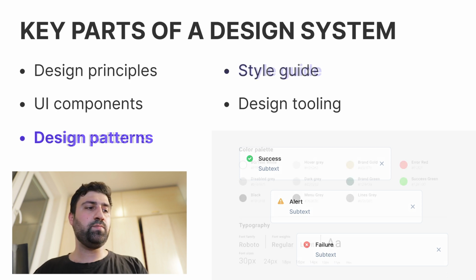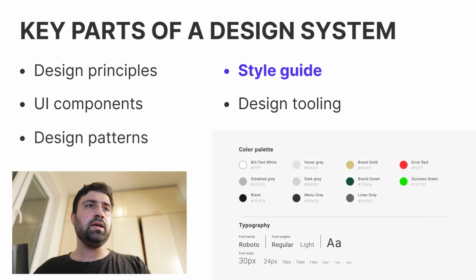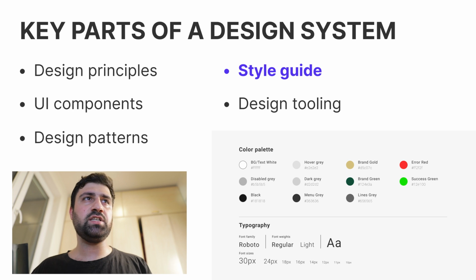The next one would be the style guides. The style guide is basically documentation of visual language, including typography, colors, spacings, grids, etc. This is one of the most important things, and trust me, it has its benefits. Please keep documentation. Please keep versioning every state of every single element.